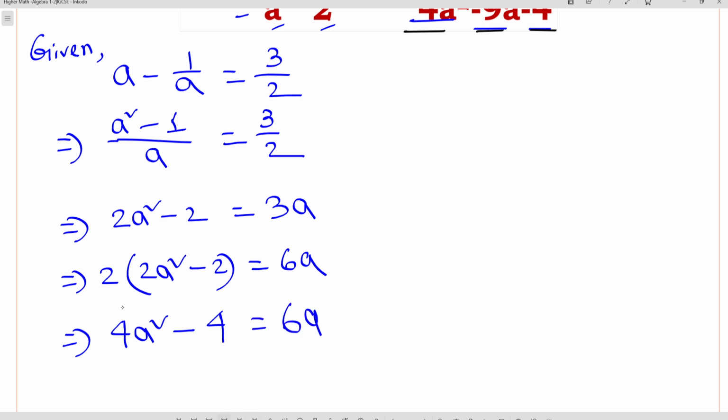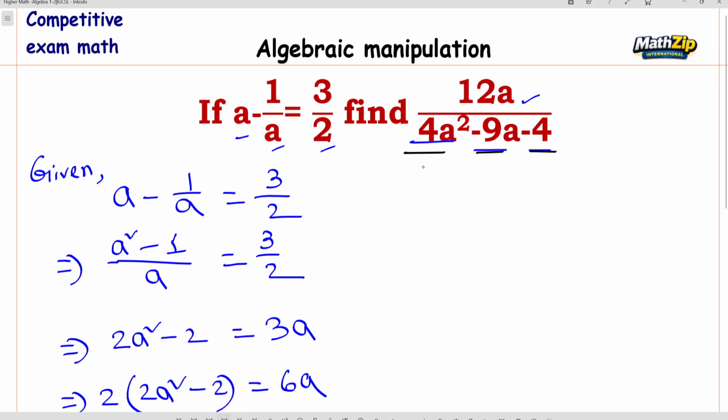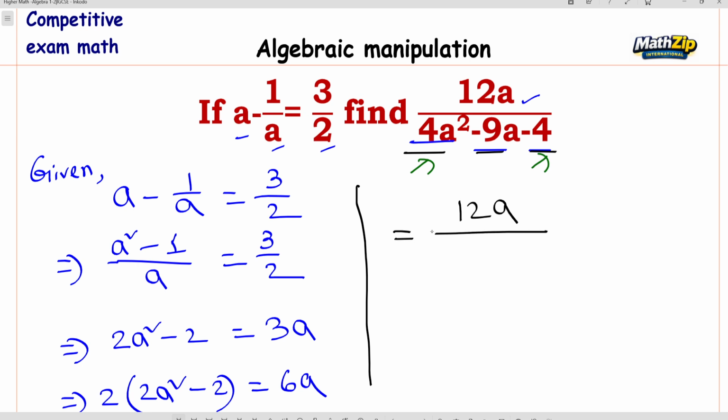Now the question: why are we doing it like this? Because here is 4a square minus 4, and also here is 4a square minus 4. So we can work this way. How? Look, this one here is 12a, and we can rewrite the denominator as 4a square minus 4 minus 9a.